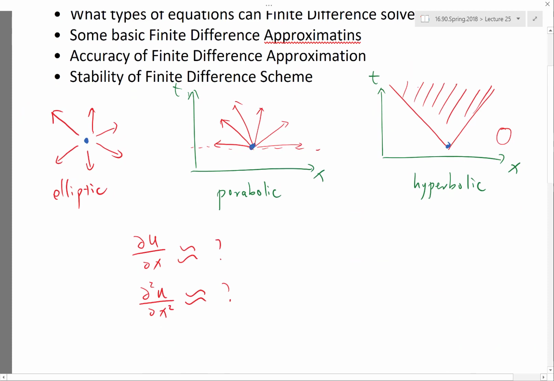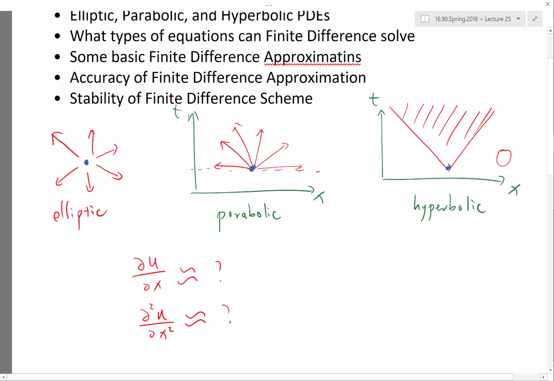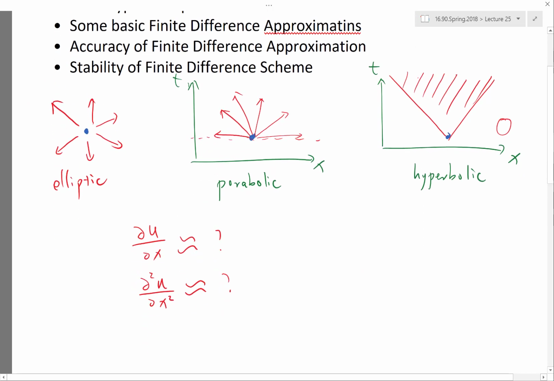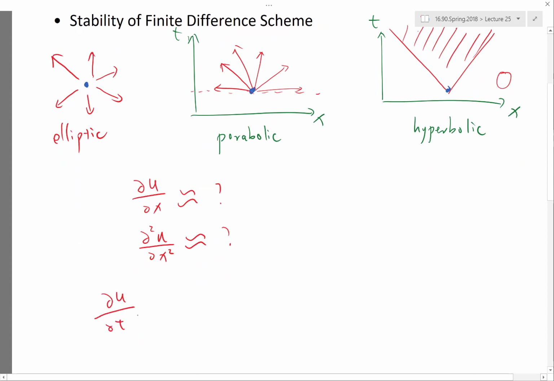We performed that type of analysis for a particular type of differential equation, du dt plus a big U times du dx equal to 0. And we found that in order for the system to be stable, we can use a central difference, or did we study upwinding in this context?